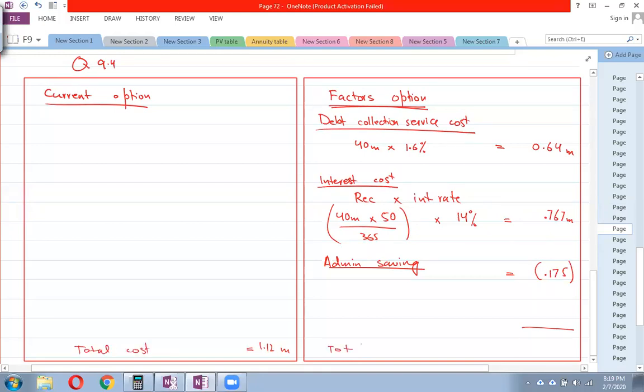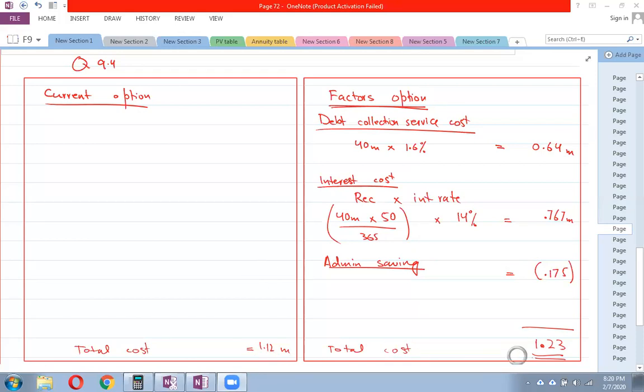How much will be the total cost? This plus this minus this. Is it 1.23 million? 1.23 million or 1.232 million? Okay, so this is the cost. What do you think? Should we take the factoring facility or not? No, isn't it?